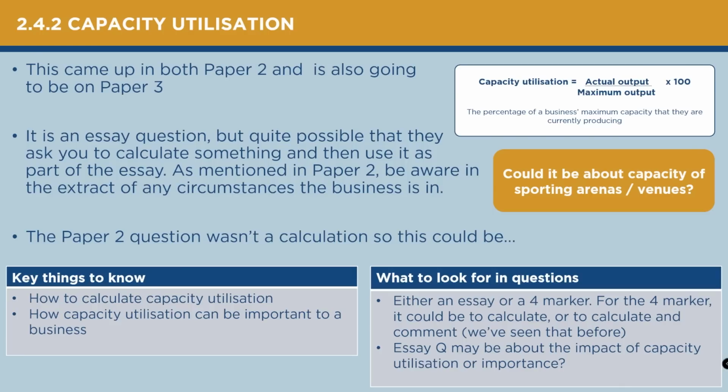Effectively, all those fixed costs are being spread over fewer ticket sales, and so the unit costs would increase. So it could be something like that, but again, have a look at what the case study is telling you and make sure you're prepared for the calculation, because you might have to calculate something, and if you do, maybe it's going to be about comparing that to an ideal figure or comparing between different options.